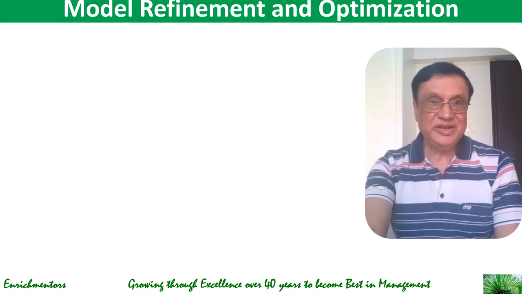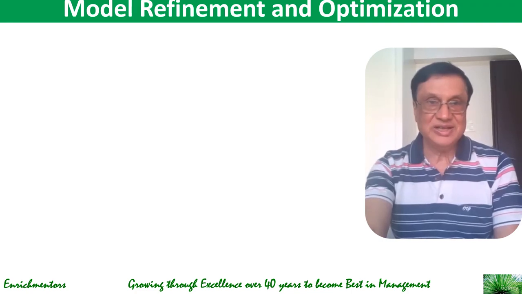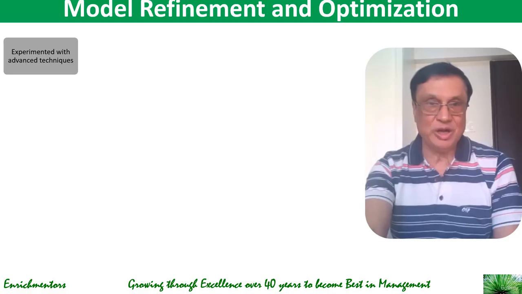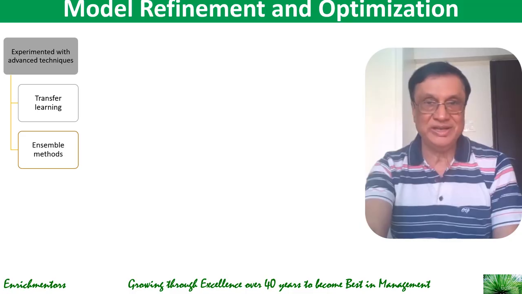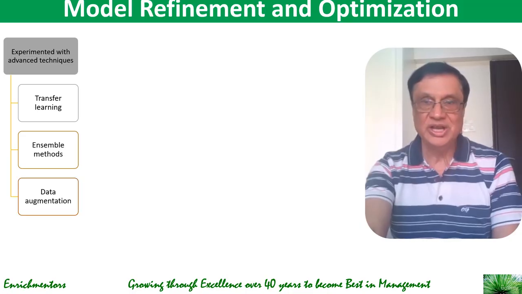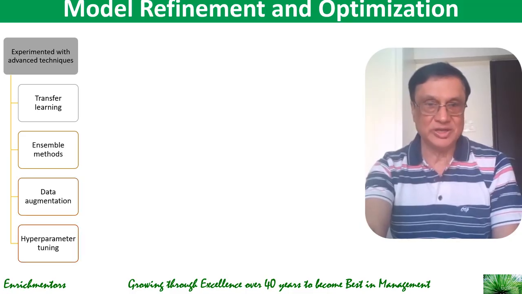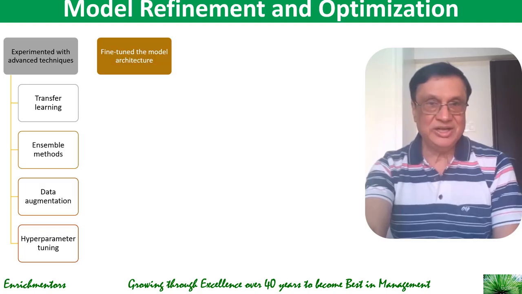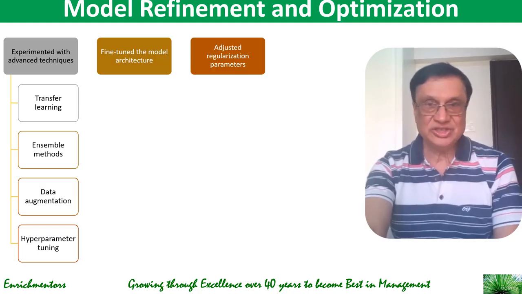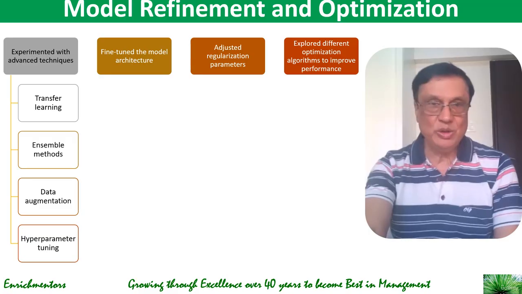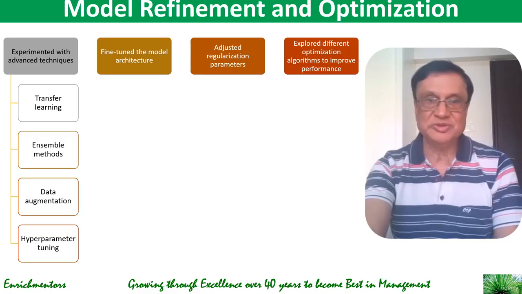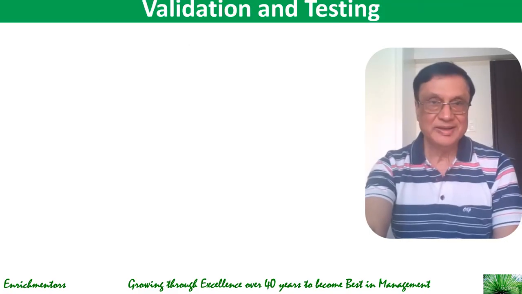Then they refined and optimized the selected model by experimenting with advanced techniques such as transfer learning, ensemble methods, data augmentation, and hyperparameter tuning. They fine-tuned the model architecture, adjusted the regularization parameter, and explored different optimization algorithms to improve performance.